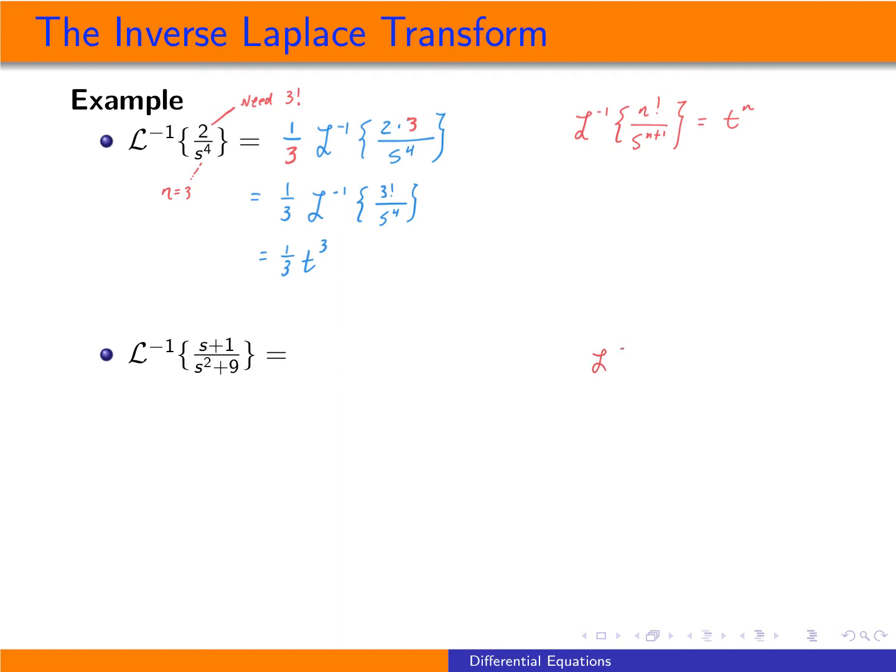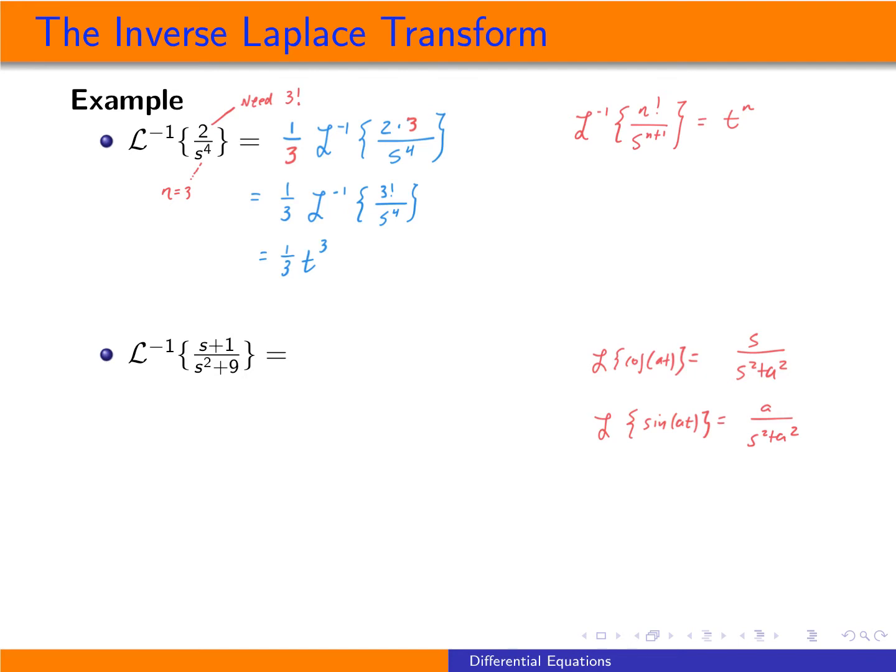The Laplace transform of cosine of at is equal to s over s squared plus a squared. And the Laplace transform of sine of at is a over s squared plus a squared. And then you can think about this intuitively for the inverse formula. If you had the inverse of s over s squared plus a squared, it's cosine of at. The inverse Laplace transform of a over s squared plus a squared is sine of at.